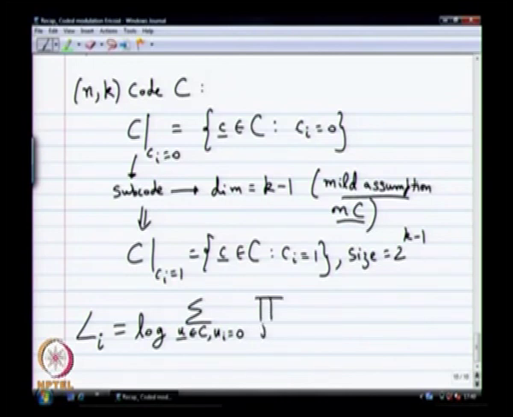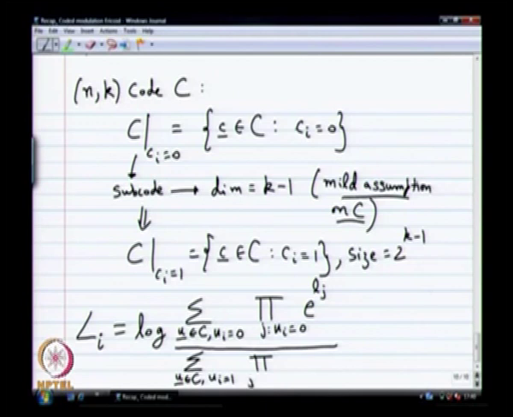Product over j such that uj is 0, e power Lj. Is that okay? Divided by a similar expression, but here you will put summation over u in C such that ui is 1, product over j such that uj equals 0, e power Lj.